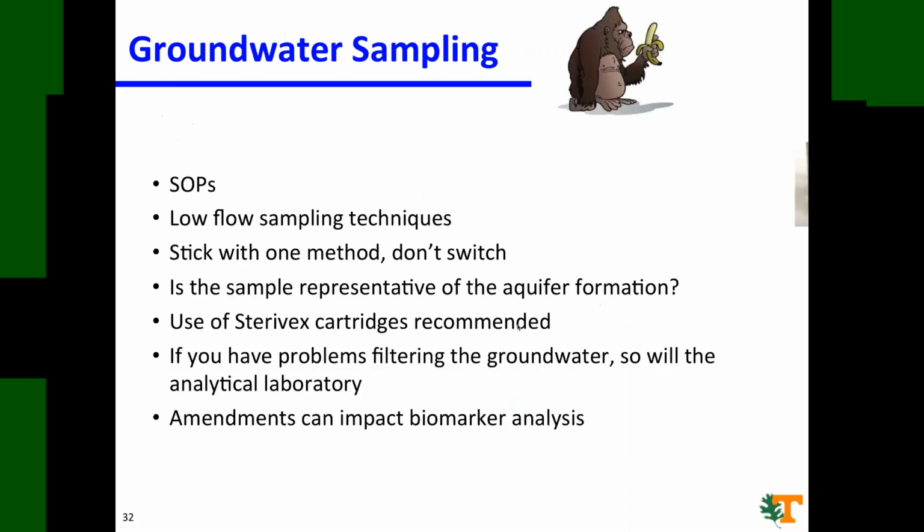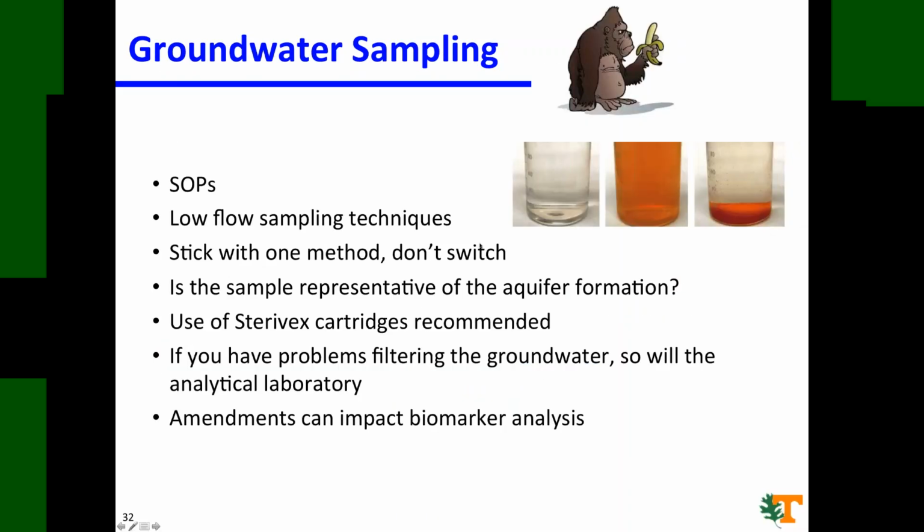So what you see here is a freshly collected groundwater sample. Then this is being shipped, on the left side, to the analytical laboratory. By the time we receive it, it looks like this in the middle. This is iron precipitation.